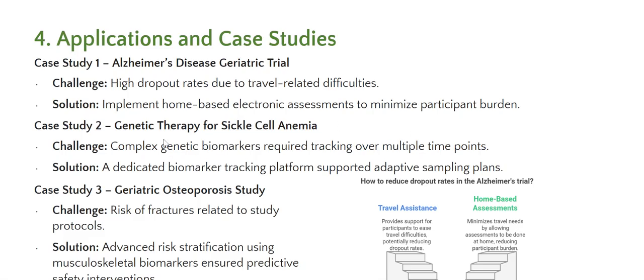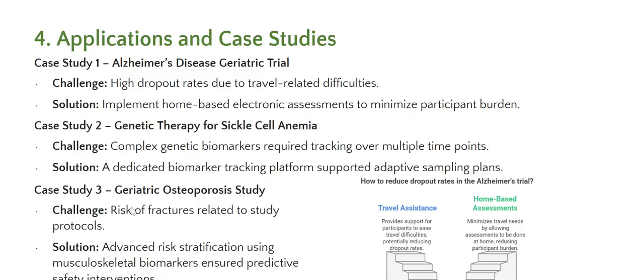Case study 2: genetic therapy for sickle cell anemia. Challenge: complex genetic biomarkers required tracking over multiple time points. Resolution for that: a dedicated biomarker tracking platform supported adaptive sampling plans.